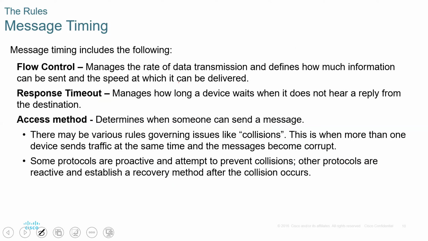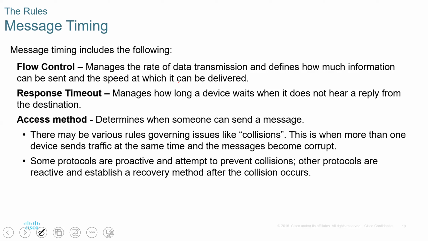Message timing. The message timing includes the flow control. The flow control manages the rate of data transmission and defines how much information can be sent and the speed at which it can be delivered. The response timeout manages how long a device waits when it does not hear a reply from the destination.